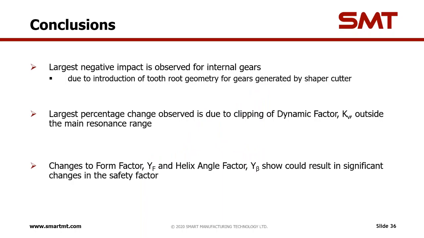So we have discussed the changes in the new version of ISO 6336 and referenced some engineering projects which relate to how the behavior actually changed. The largest negative impact that we actually observed in these examples was for internal gears due to introduction of new calculation methods for gears generated by shaper cutters.